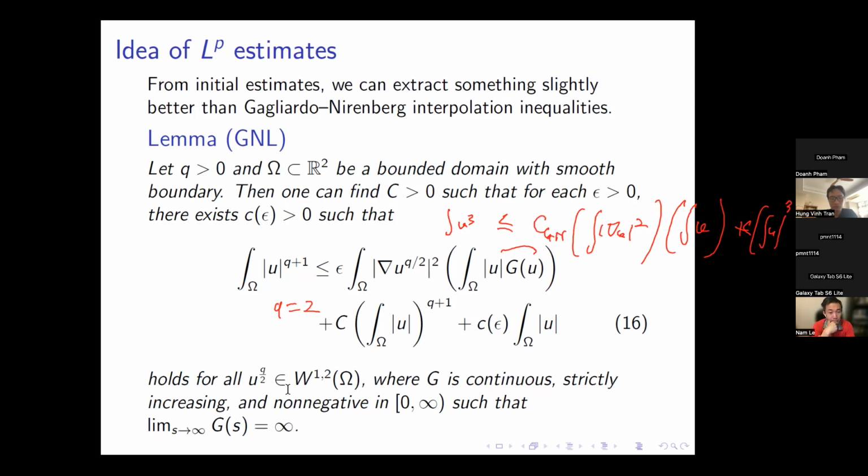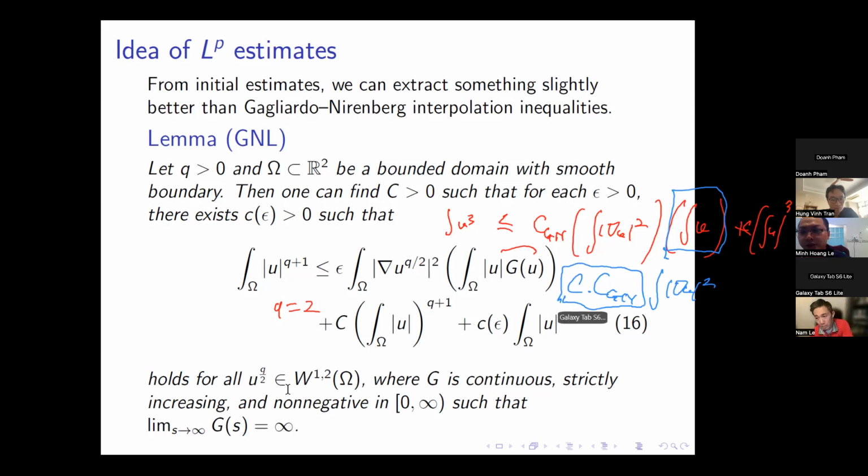But if this term is bounded, then we have some constant times C_GN times the integral of gradient of u square. Right. So if this constant is sufficiently small, then we can absorb it into the diffusion term. But we cannot make it small. We have to have some way to overcome that situation.